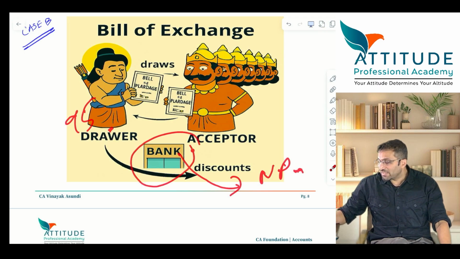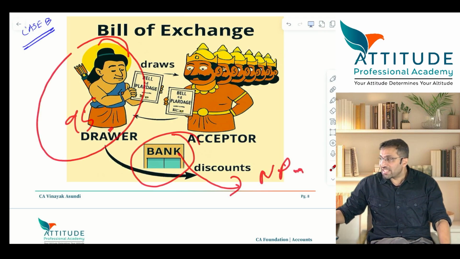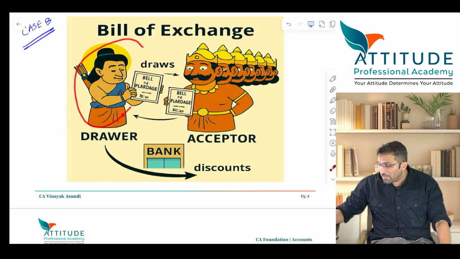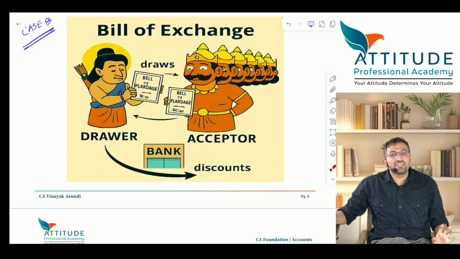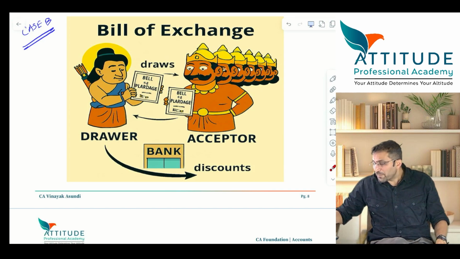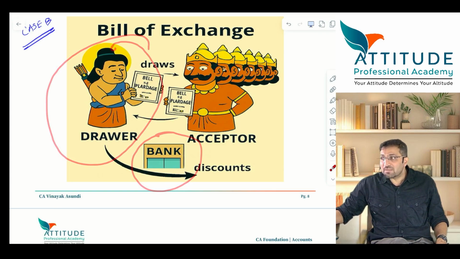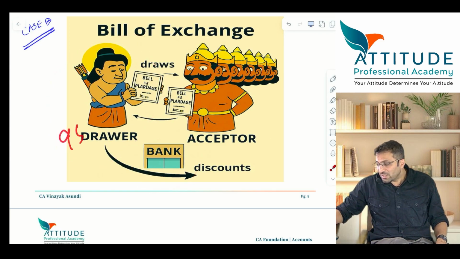Now tell me, the bank will say, I don't care, I want the money from Ram. So from the bank's angle, money is to be recovered from Ram. And from Ram's angle, money is to be recovered from Ravan. Do you understand? Now tell me, the banker will reduce Ram's balance by how much? 95 or 100 or 110? 110, your bank balance will reduce.